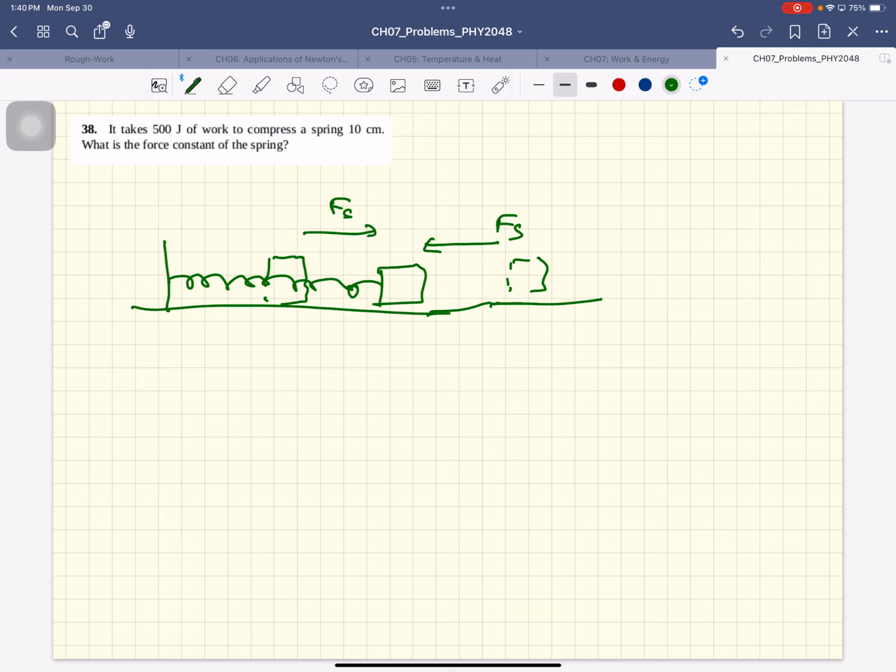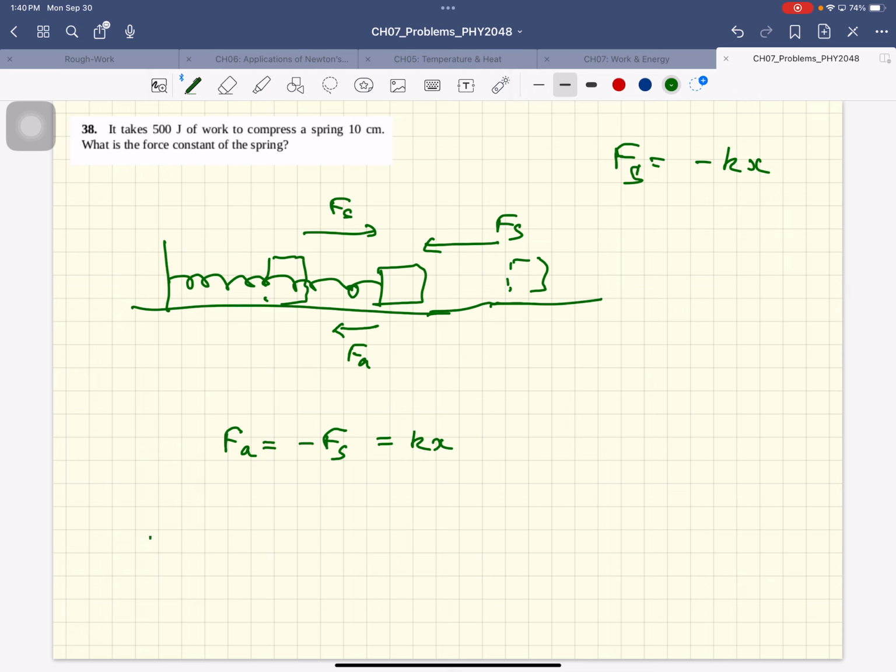So the applied force has to be opposite to that. When you're compressing a spring, you're applying the force opposite to the force of the spring, and the spring force is given by minus kx. So this is equal to kx. The force you're applying is that.